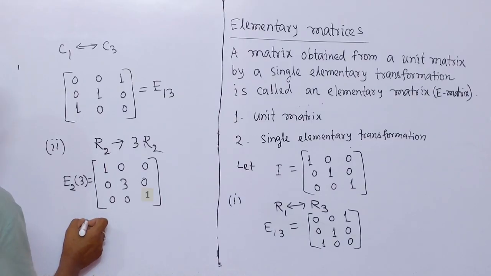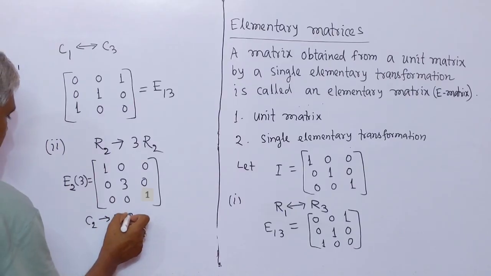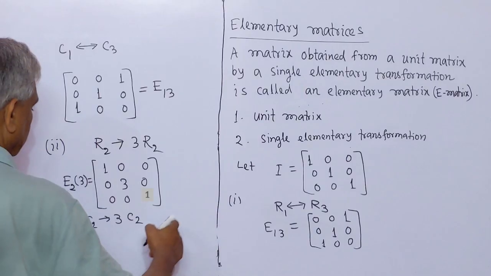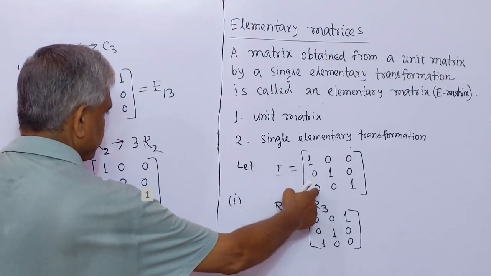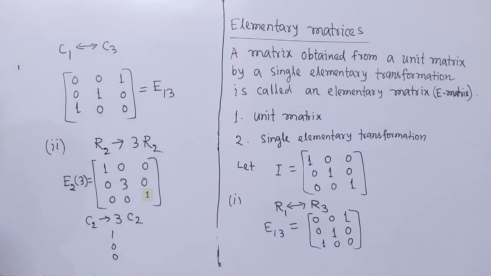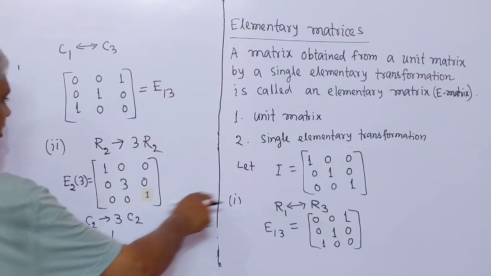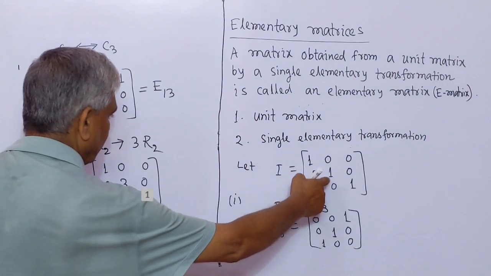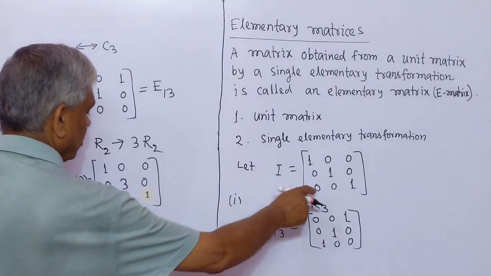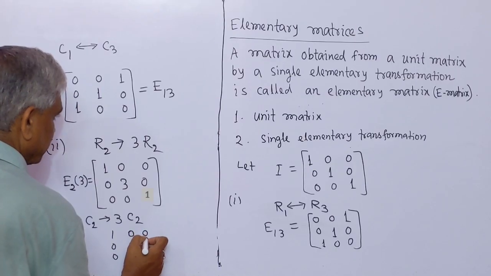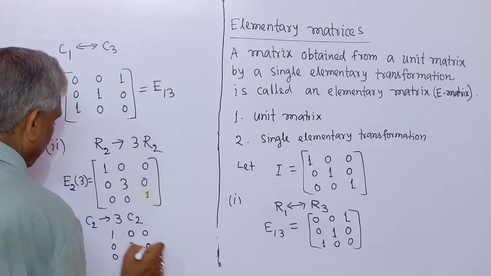Now we take C2: in the place of C2, 3 multiplied by C2. We get the first column the same, 1 0 0. We multiply the second column by 3. Here 0 multiplied by 3 is 0, 3 multiplied by 1 is 3, 0 multiplied by 3 is 0. Here the third column is the same, 0 0 1.